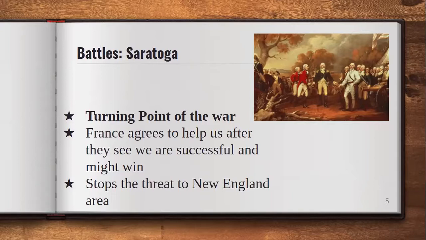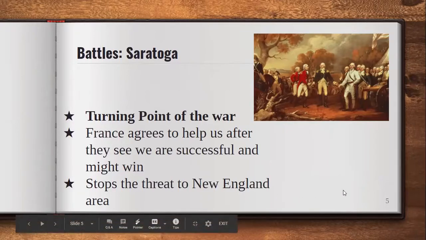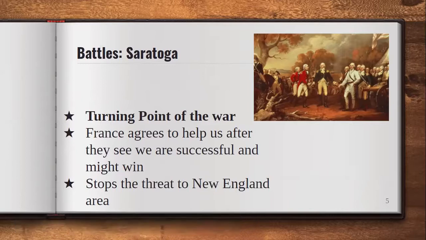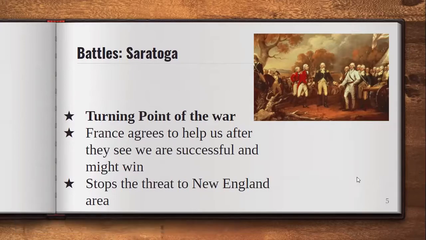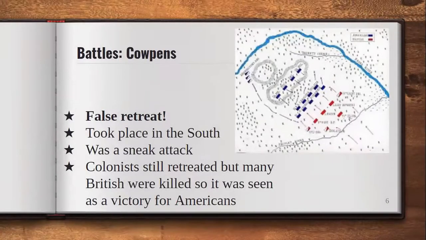So the Americans are coming out on top, and now the New England or northern area is becoming more safe. And the British basically have lost that area. Okay, so turning point, France agrees to help us. No more threat to the northern section in New England. Okay, other questions?